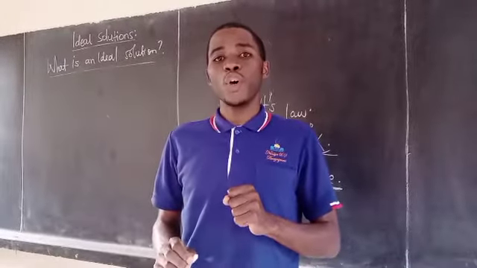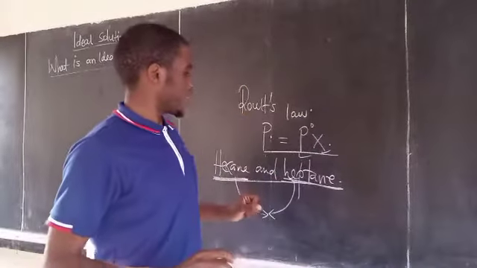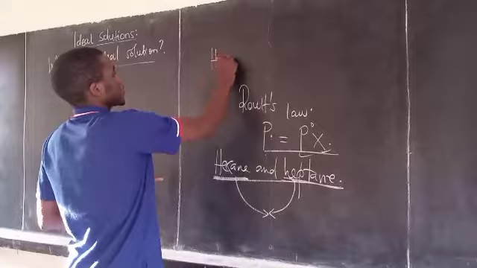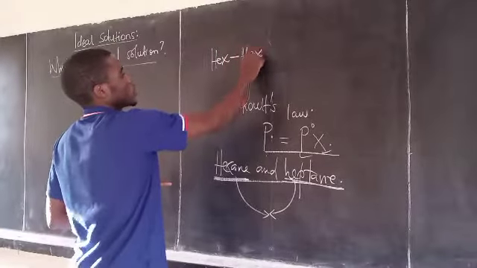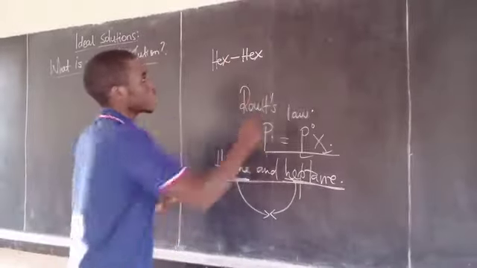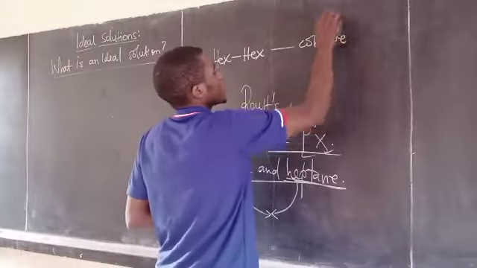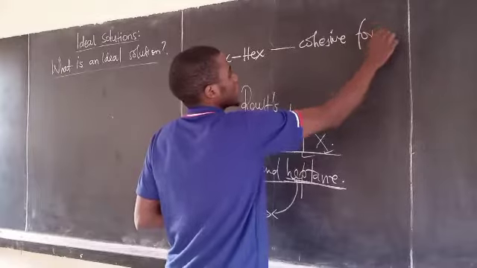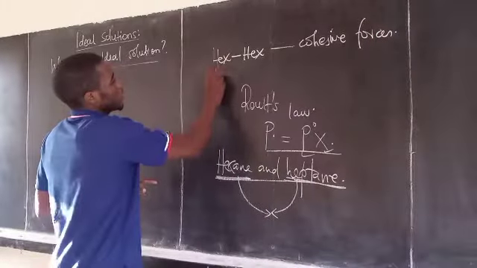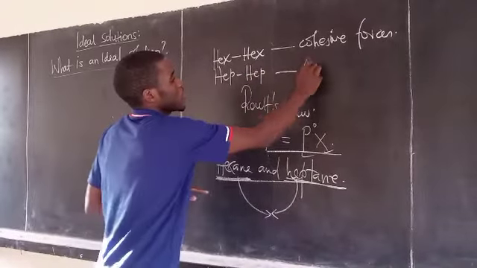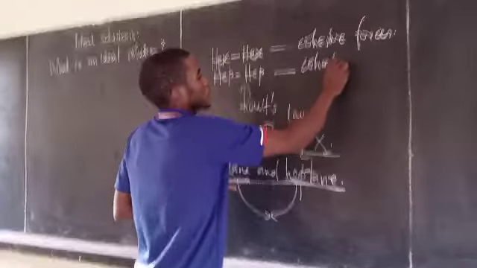And therefore, if there is no significant change in the interaction, it means that the hexane interactions, these are the cohesive interactions, let's use what we know, cohesive forces, and the heptane interactions, they are still the cohesive forces.